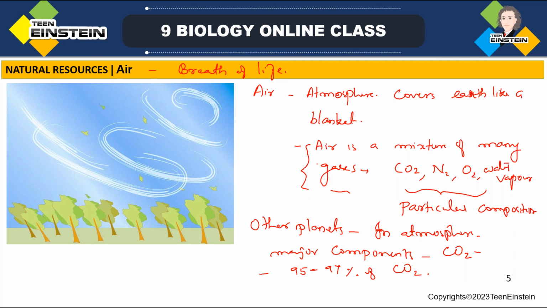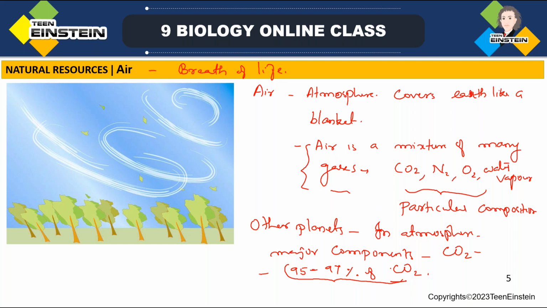As per current study, for the existing life forms which we can see on Earth, existence in a carbon dioxide rich situation is difficult, right? That's why we are saying life forms are present only on Earth. Atmospheric composition is very important.